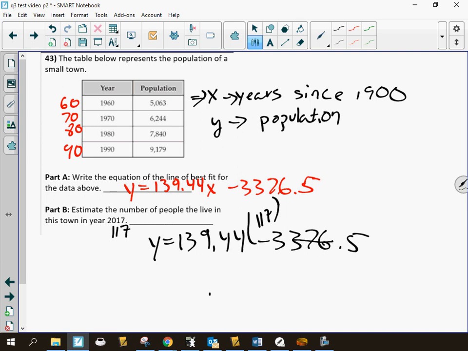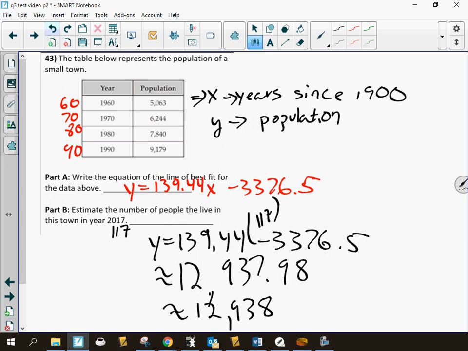So 139.44 times 117 minus 3376.5 is the population will be approximately 12,937.98. Now you obviously can't have 0.98 people, so we could also just say approximately 12,938 people.